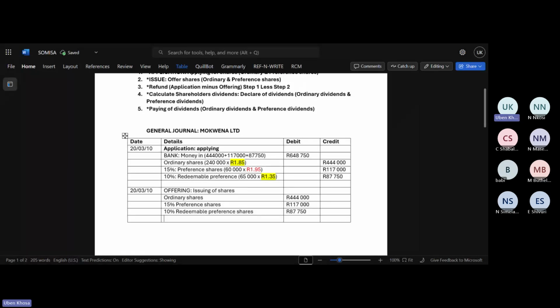When we check the question paper, they said on 20 March 2010, the directors offered the following to the public. We offered ordinary shares, so I'll write it here. Ordinary shares. When we are offering shares or issuing shares, we call it what? Share capital. Even back to accounting 1A, what is capital?